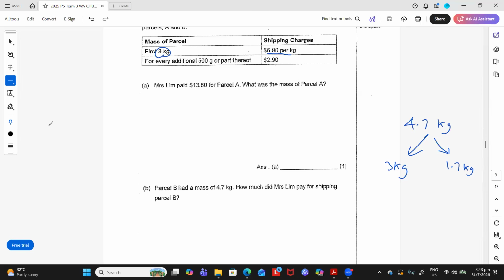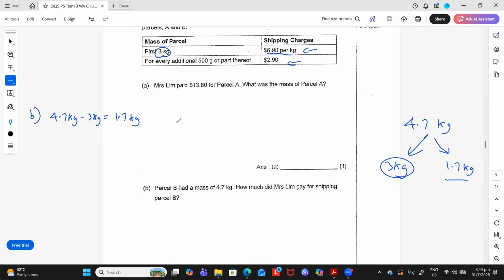So I'm going to do my working here, okay? So for part B, the first step, you take 4.7 kg minus 3 kg, you get 1.7 kg. Okay? So 3 kg will be this one. The 1.7 kg will be charged this way, okay?